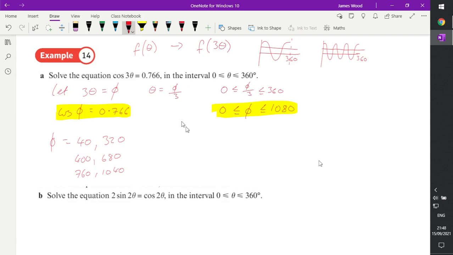But now I just need to convert them back into theta. And remember that theta was phi divided by 3. So I just need to take these answers and divide them all by 3.